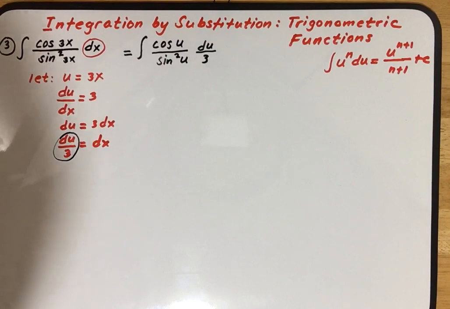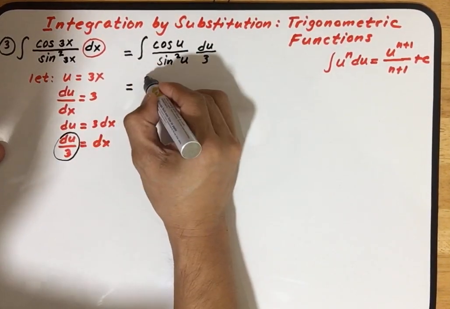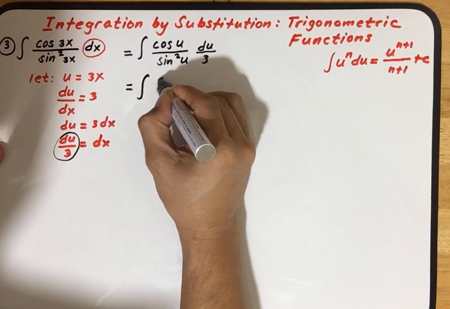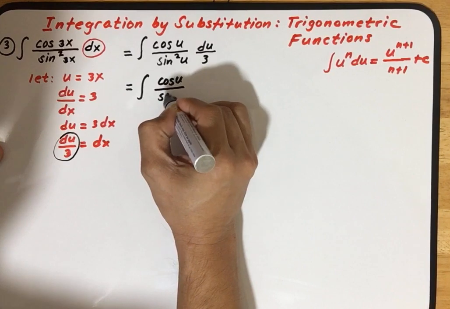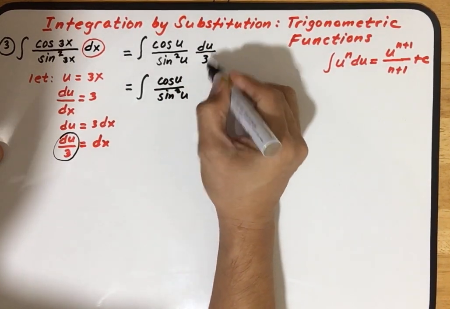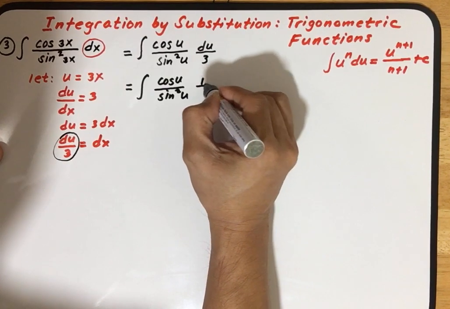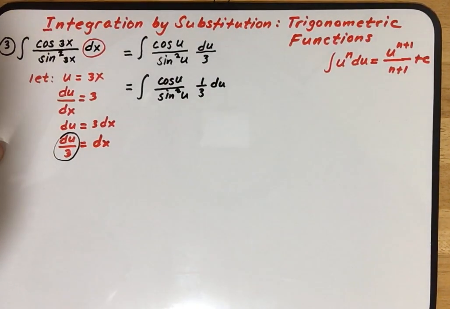Okay, so we can also rewrite this as the integral of cosine u divided by sine squared u, then du over 3, which is the same as 1/3 du, right? So they're just the same.